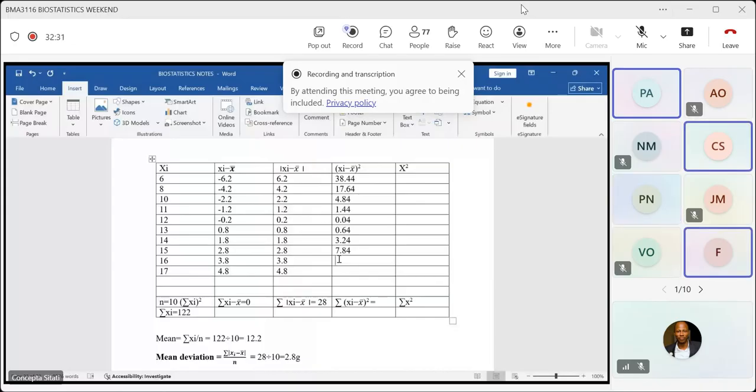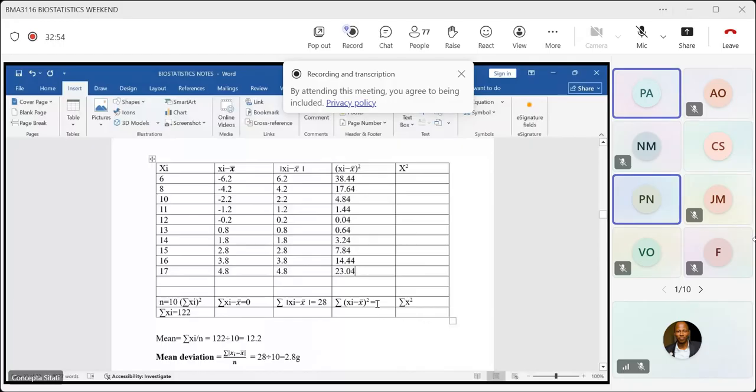What about 3.8? 14.44. 4.8 squared is 23.04. And the last one is 0.04.